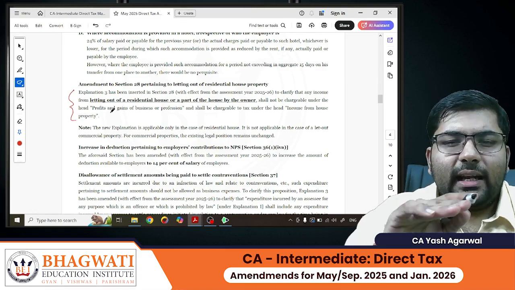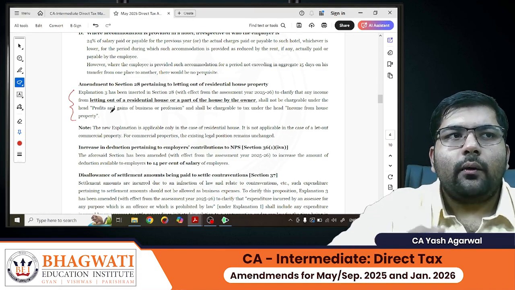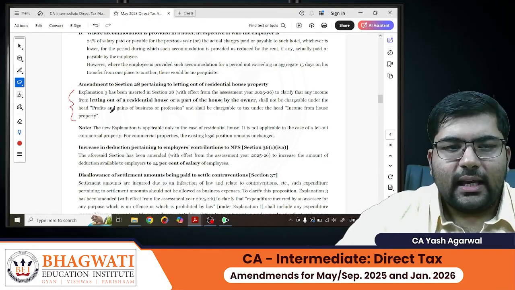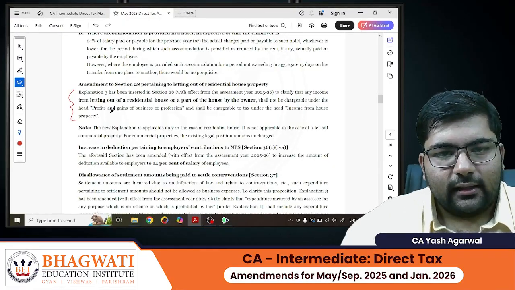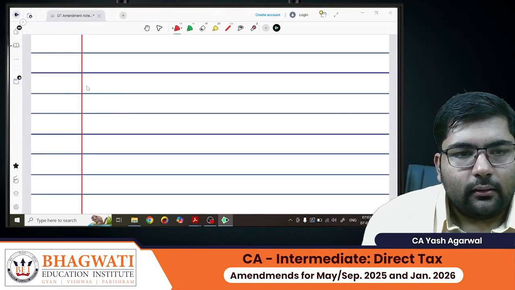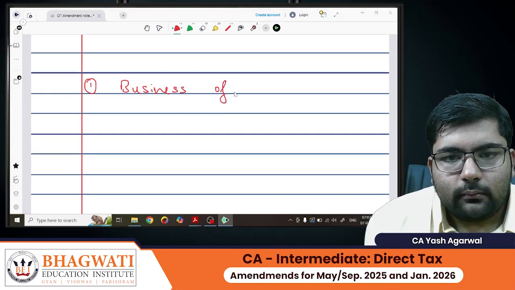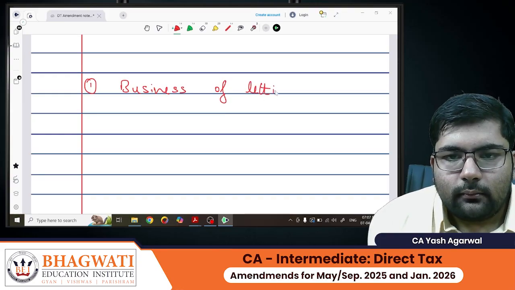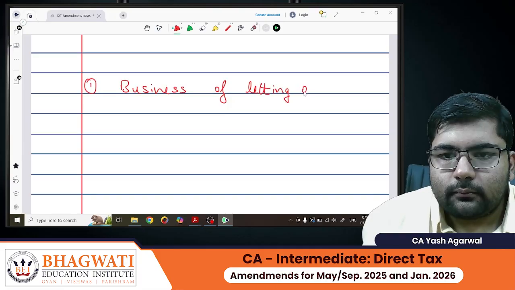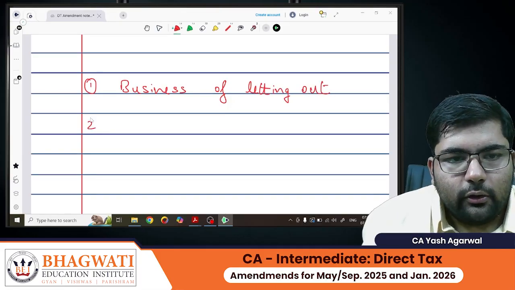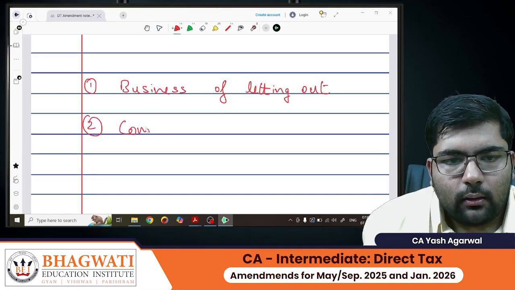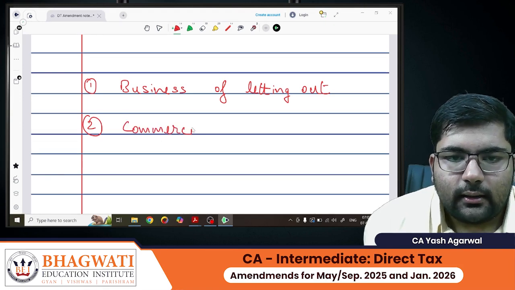Fine. If an assessee is engaged in the business of letting out of commercial properties, then the income from such property can be taxed under the head PGBP. It has to be condition 1, a business of letting out, and 2, commercial properties.